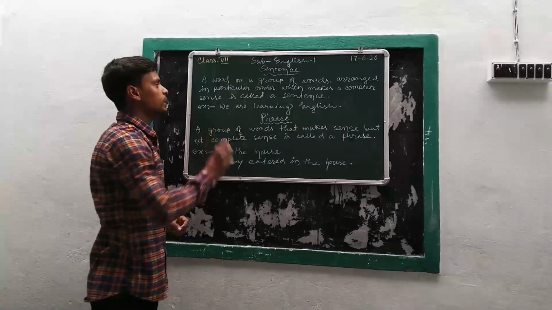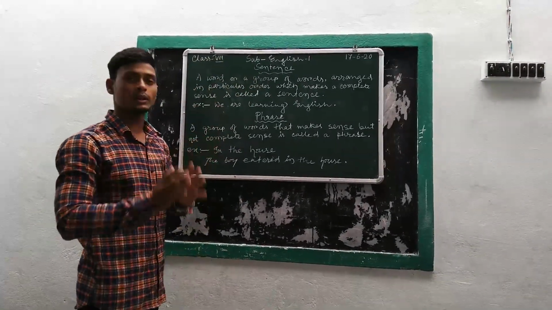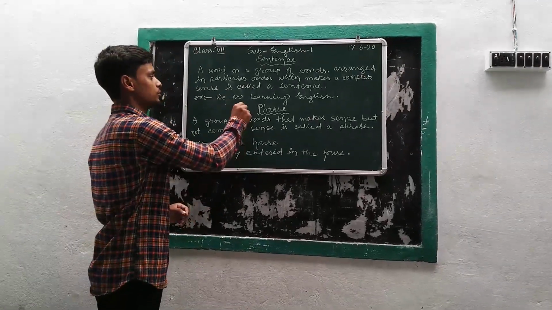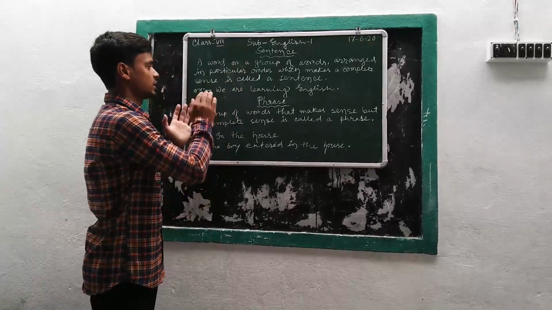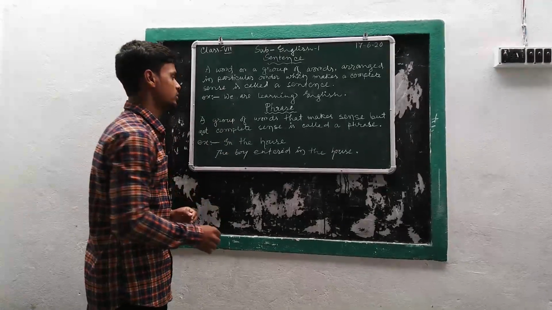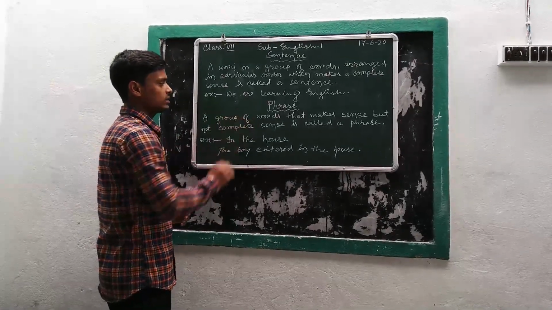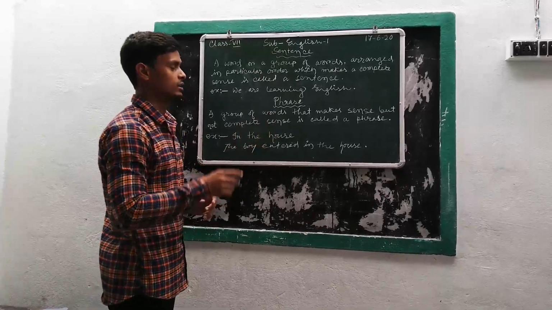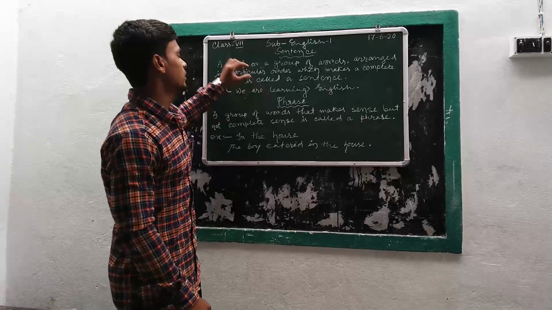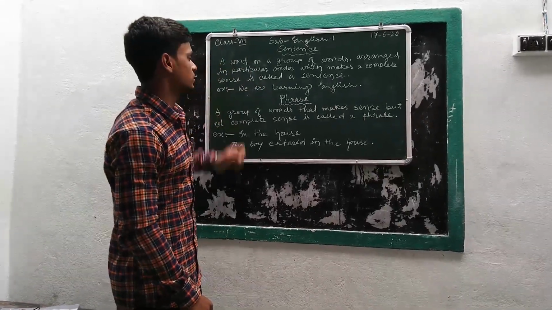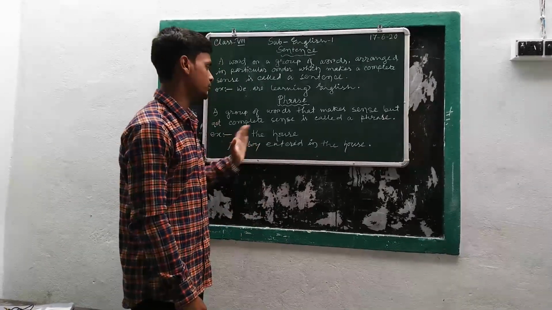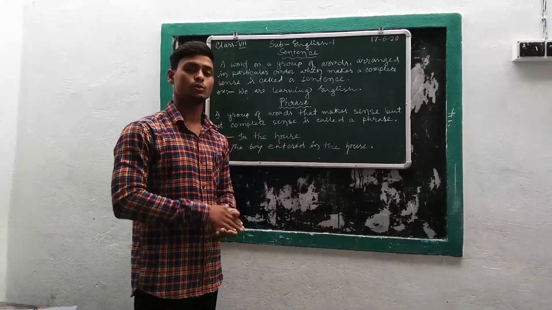We are getting a complete sense in the sentence, but we will not get a complete sense in a phrase. Only this is the difference between a phrase and a sentence. A sentence will give you a complete sense, but a phrase will not. Because if there is any verb in a phrase, that will become a sentence. And the difference is, in a sentence there is always a verb, but in a phrase there is no verb.